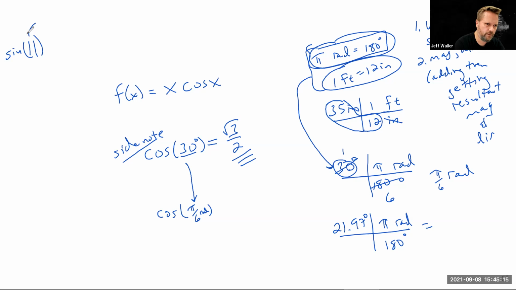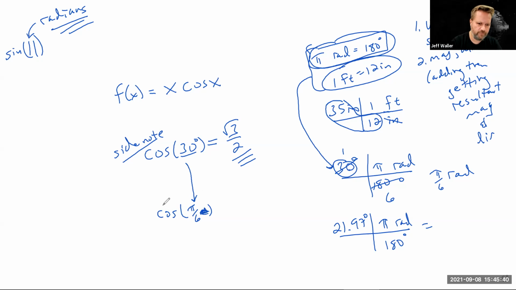Radians? Yes, when it doesn't say degrees, you assume it's radians. If they meant degrees, they should have put a degree on it. So we normally don't write the little RAD. We don't have to, because if it doesn't have degrees on it, for right now, you assume it's radians.